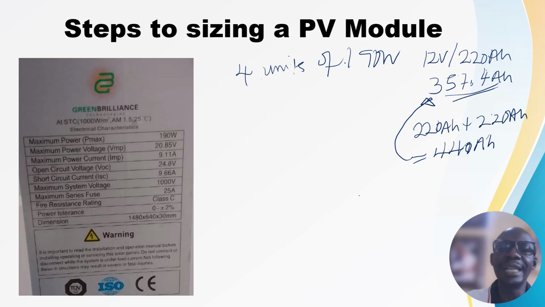So how do we now connect our 4 units of 190 watts? We have 2 types of controllers, PWM and MPPT. PWM means pulse width modulation, and MPPT means maximum power point tracker. The MPPT is the most efficient one.